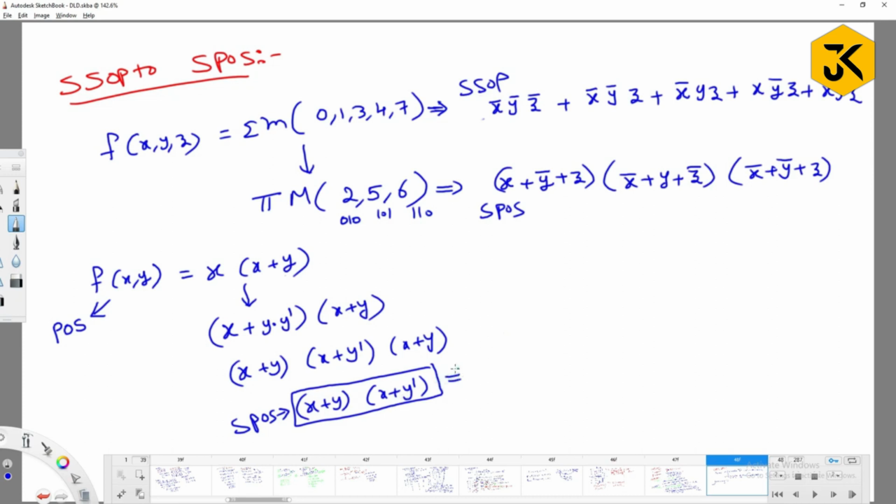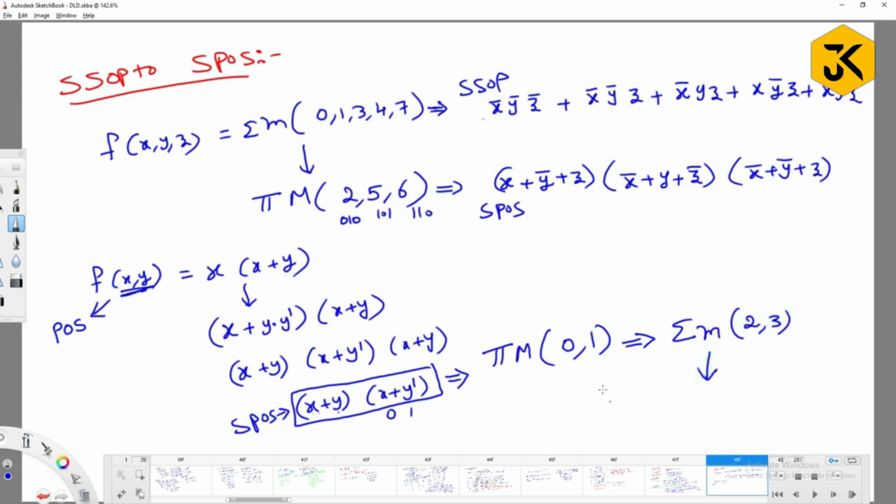When it is standard product of sums, can you define it in numerical representation? Pi of max term of, this is what? X means 0 0, 0 means 0, and this is 0 and this is 1, 0 1 is 1. What is its sum of products form? Summation of min term of, so with respect to two variables you get four possibilities, that is 2 comma 3.